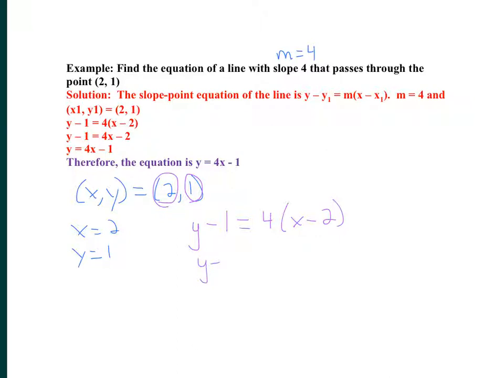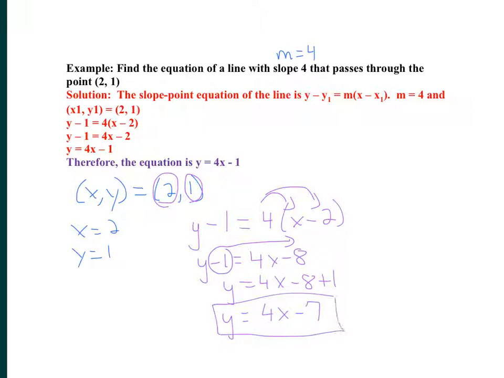Now, if we expand this equation, we're going to multiply the 4 into the bracket, and if I bring the -1 from this side of the equation over to the right side, I will be adding it to the minus 8, so I have y equals 4x minus 7 in y equals mx plus b form.